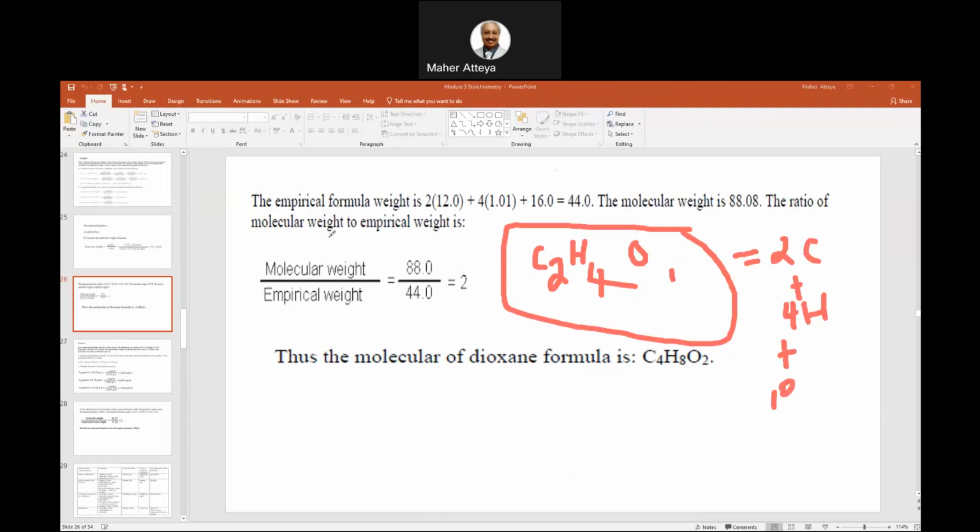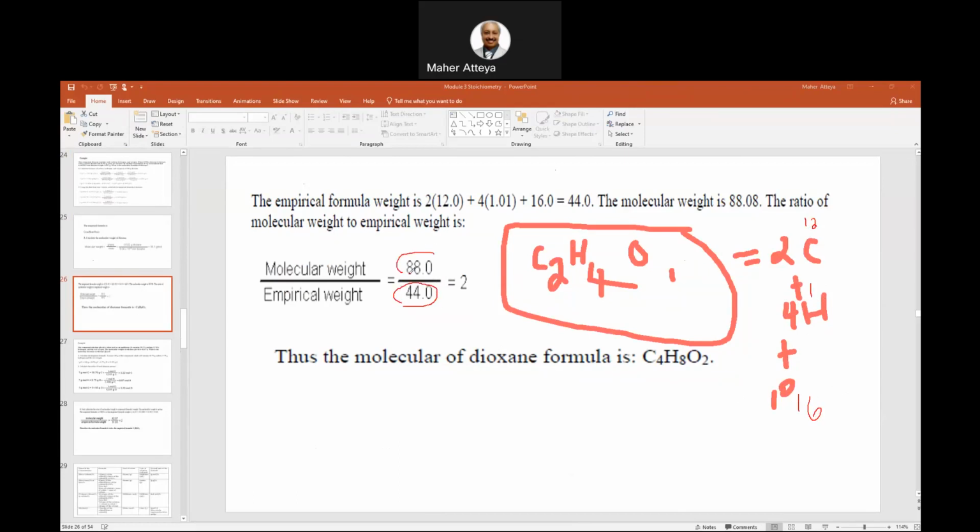You can calculate the whole thing and verify this yourself. This is 12, 2 multiplied by 12. This is 1, this is 16. If you multiply the whole thing, you will see 24 and 4 is 28, and 16 makes 44. So this is the molar mass of the empirical formula.